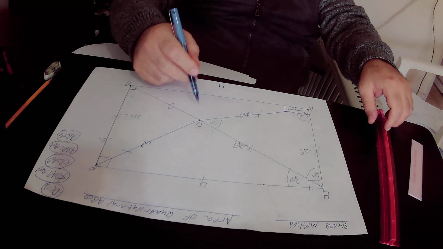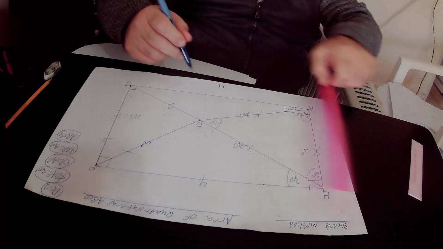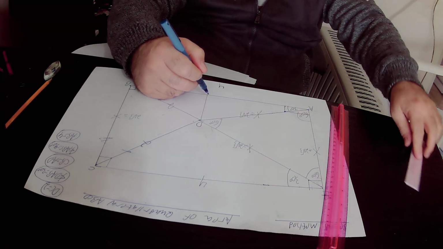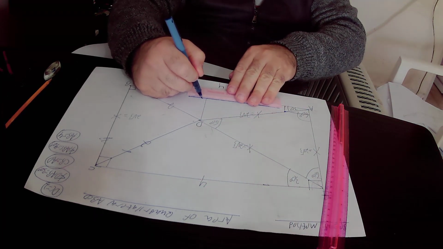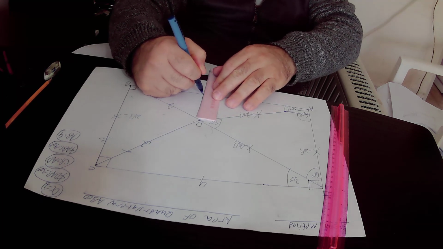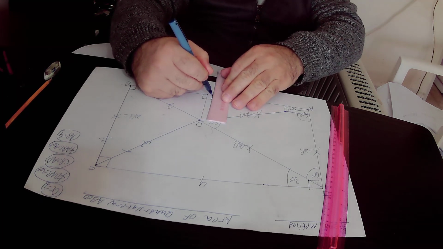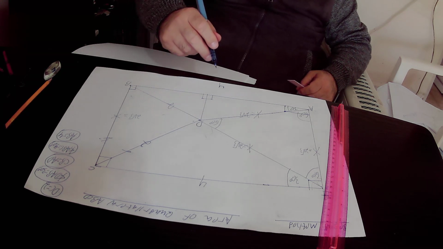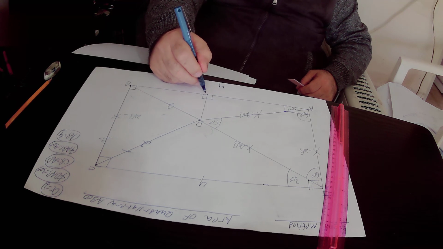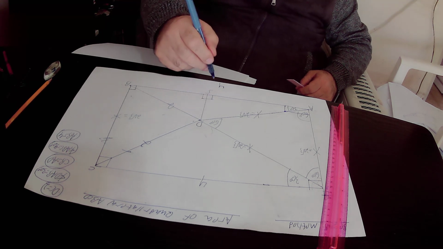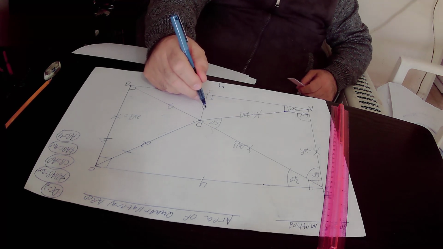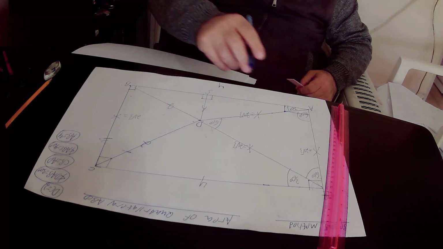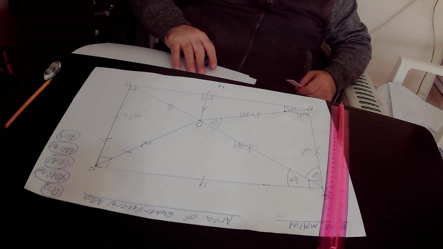So from point D, we will draw a perpendicular to AB. This angle is a right angle, and this angle is also a right angle. We will define the touching point between the perpendicular from D to AB as point S, and we will define line segment SD as H. We will focus on the right triangle ADS.